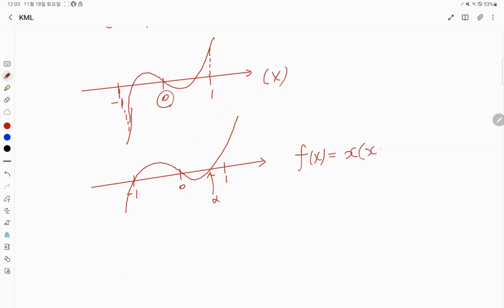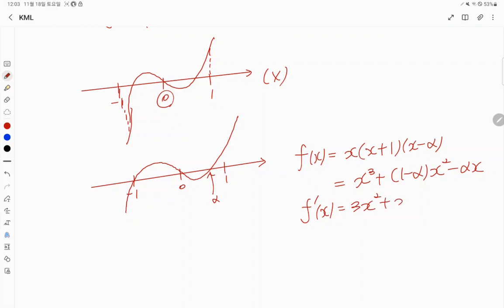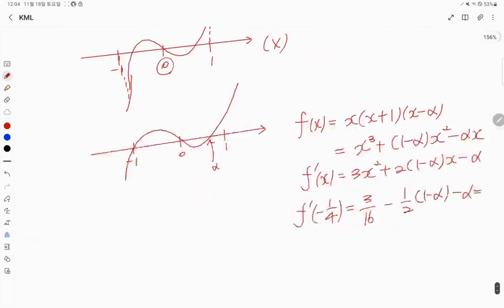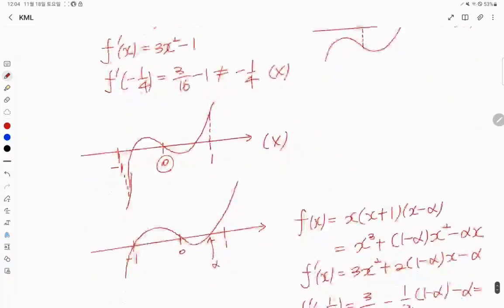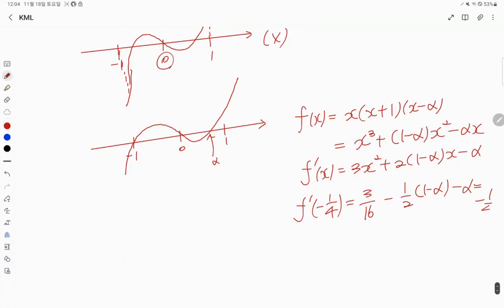In this case, we can make the equation of the function this way, and if we open the parentheses and then differentiate, f prime of minus 1/4 is equal to minus 1/4.